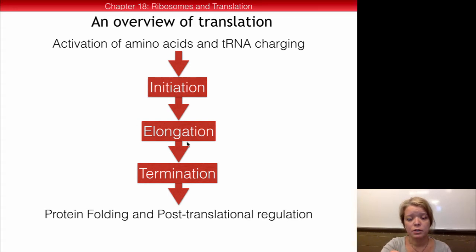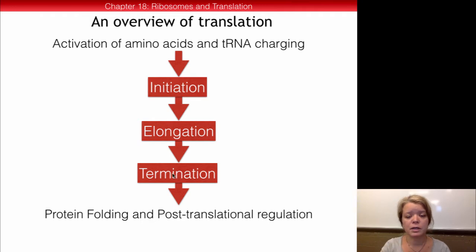Then there's the cyclical process of elongation. So the ribosome reads a codon, incorporates the amino acid and moves on, reads a codon, incorporates an amino acid and moves on. There are initiation factors involved in the initiation of translation, and there are processivity and elongation factors involved in elongation of the polypeptide chain.